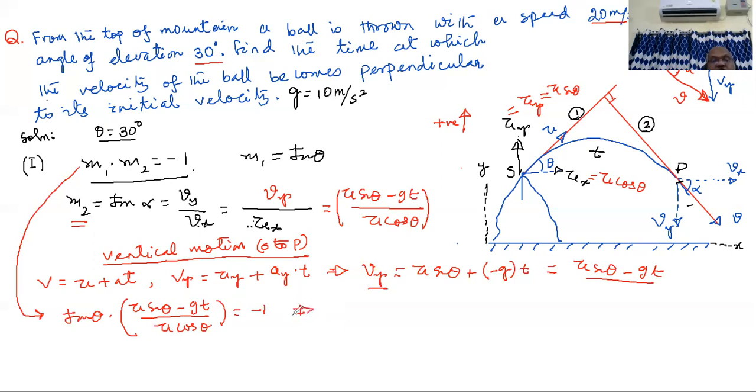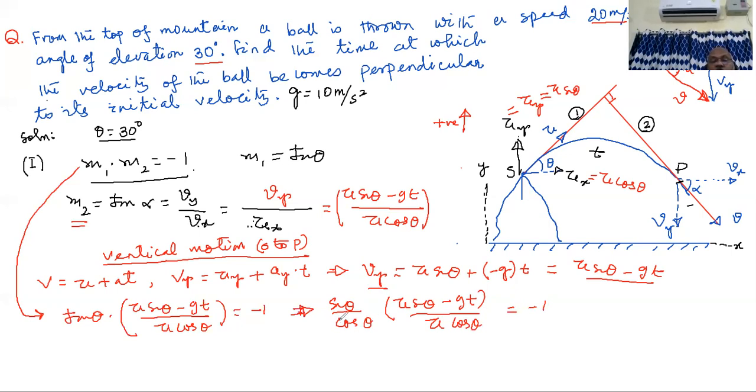In fact, physics is over. Now whatever you are doing is school level mathematics, that is trigonometry. We break up tan theta as sin theta by cos theta. So sin theta by cos theta, within the bracket, U sin theta minus GT divided by U cos theta should be equal to minus 1.